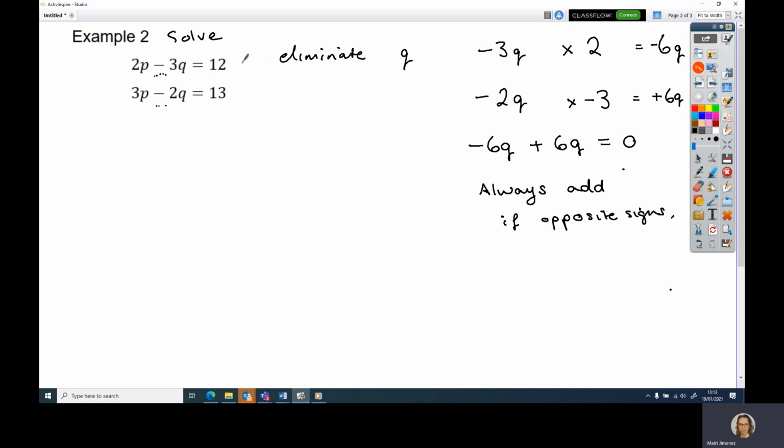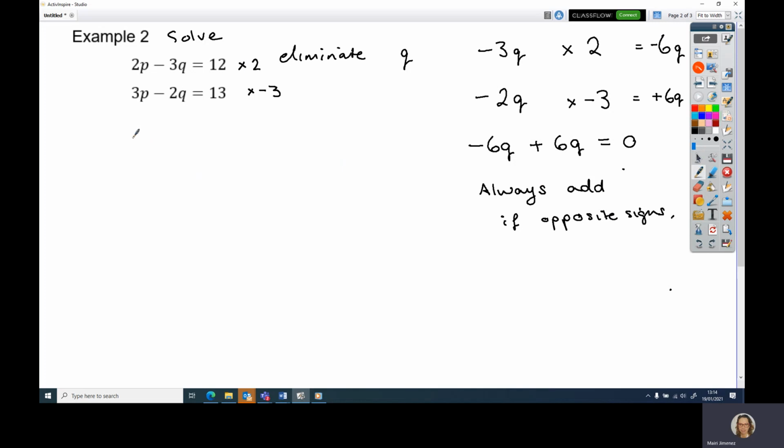So what I want to do is multiply the first equation by 2 and the second equation by -3. Then one of my equations will end up being positive. The second equation will have a positive 6Q. So we'll go ahead and do that.